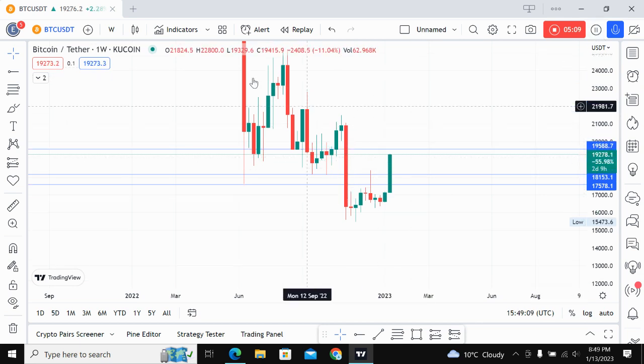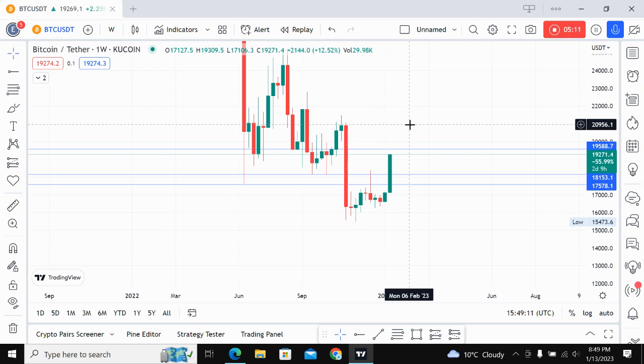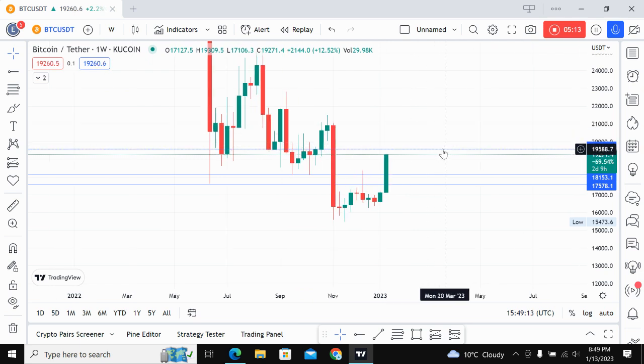So back to the weekly time frame. As I was saying, the support for the weekly time frame is 18,164 as of now. And the resistance which could act as a strong resistance is 19,588, or you can say 19,600 approximately.